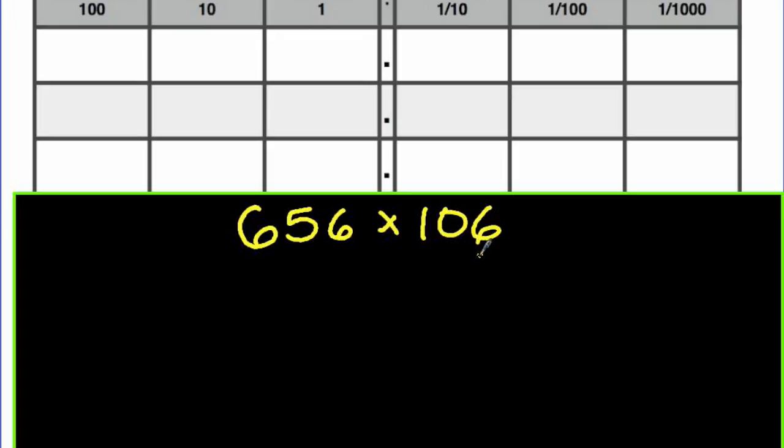The first number, remember that's called front-end estimation. So what is the first thing I need to draw if I'm doing estimation? The vertical number line. Yes.